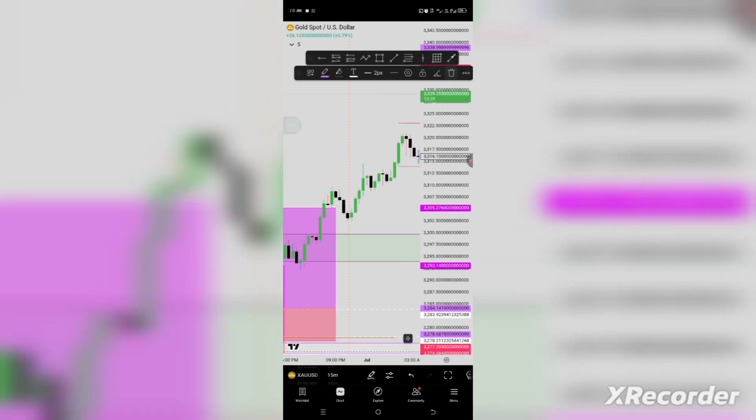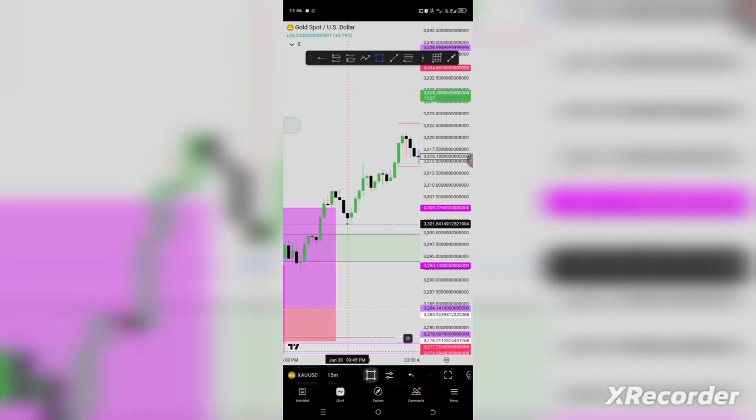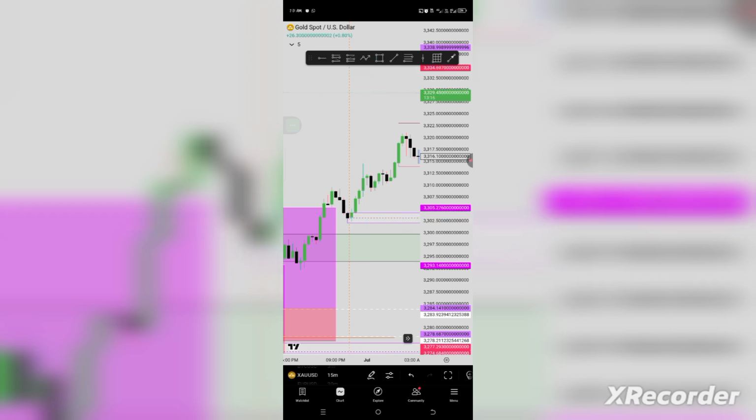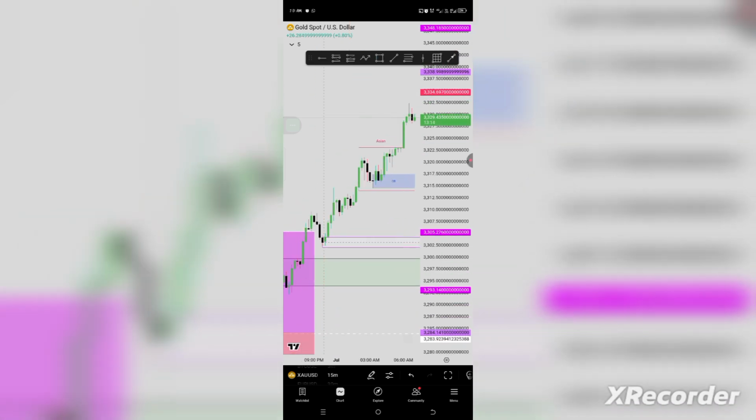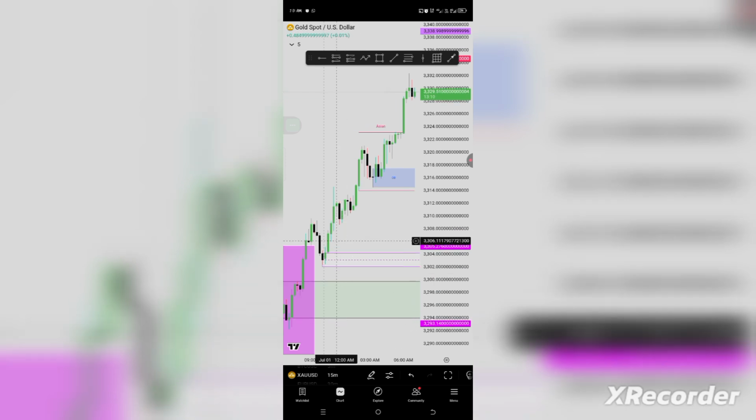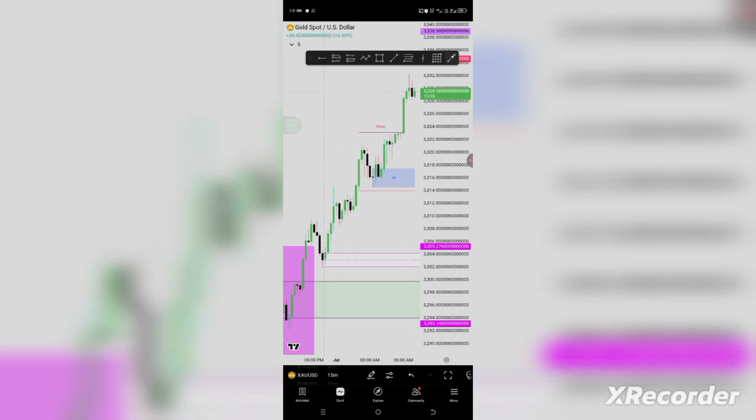Sorry about that, I'm using my phone to mark out the zone. Maybe with time I'll start using our system so you can have a bigger screen. So you can see we still have this imbalance here.